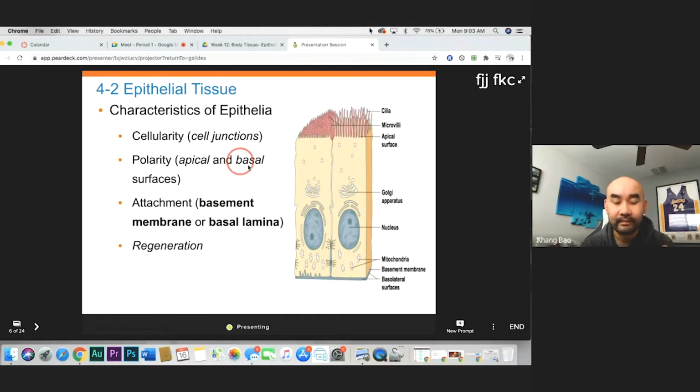Basal, root word is base, like the base, the bottom. Apical is more like the top part. Apical surface, top, base, bottom. Okay. We can also describe or distinguish them by attachment. How do they connect to each other? And regeneration, how do they regenerate? Like a skin cell will regenerate, right?